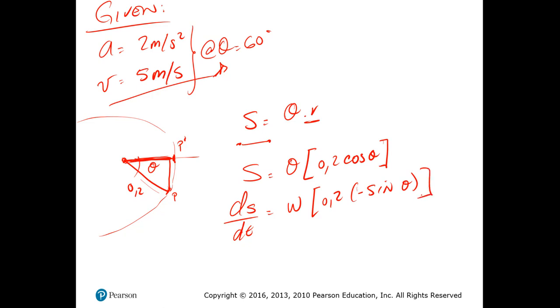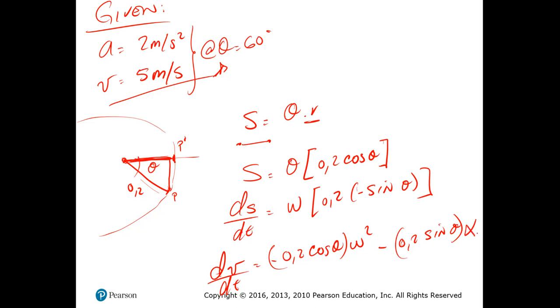Okay, and if we want to go a little bit further than that, we can derive velocity with respect to time, and we will have to use the product rule. If we do that, we will get minus 0.2 multiplied by cosine of theta, multiplied by omega squared, minus 0.2 sine of theta multiplied by angular acceleration.